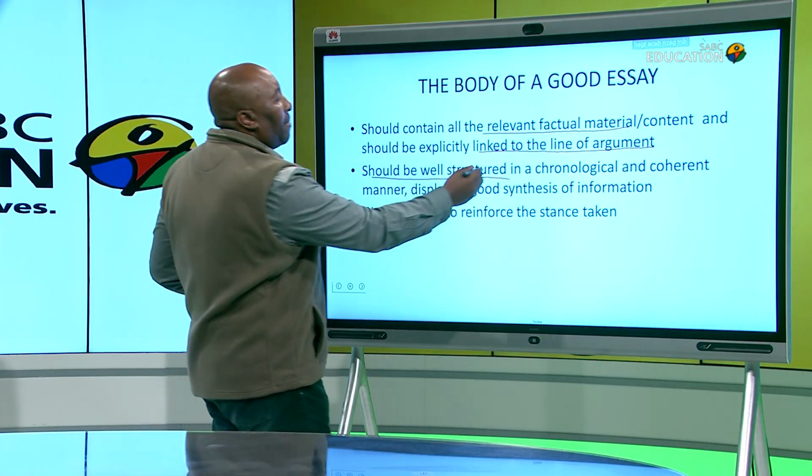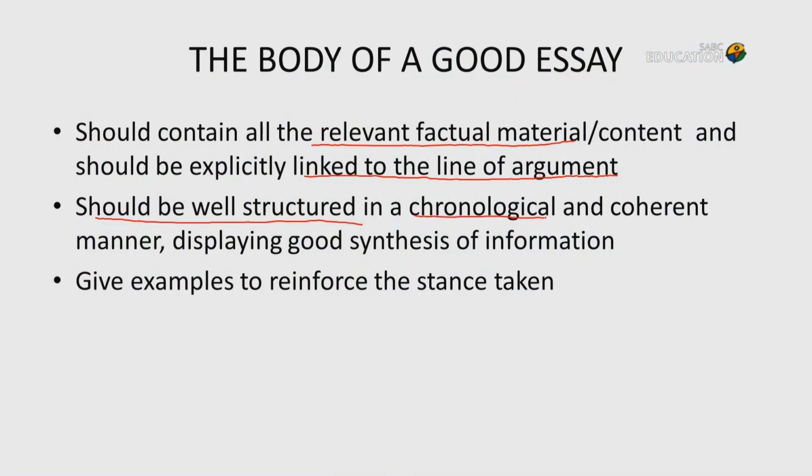And the structure must be chronological. It means, like in history, there is this chronological order that you must follow. Every time about this event started in 1980, and then in 1981, 1982, 1983, up until 1990, for an example. Then we talk about chronology or coherent manner.